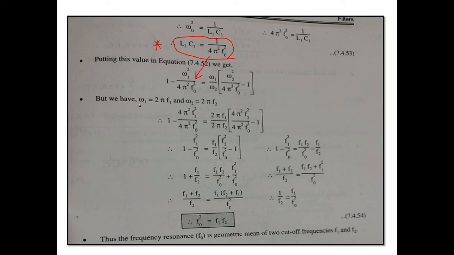But we know that ω1 is equal to 2π f1 and ω2 is equal to 2π f2.